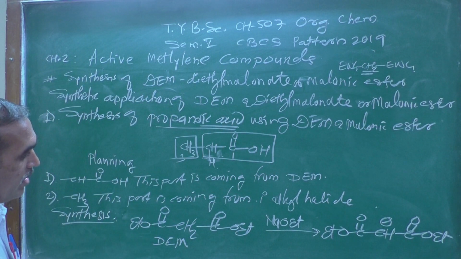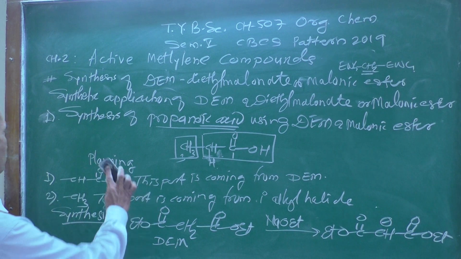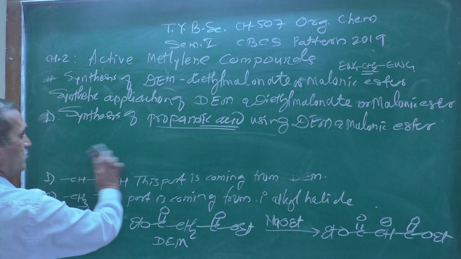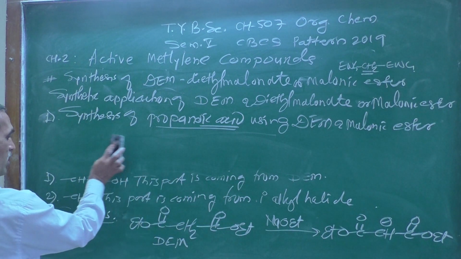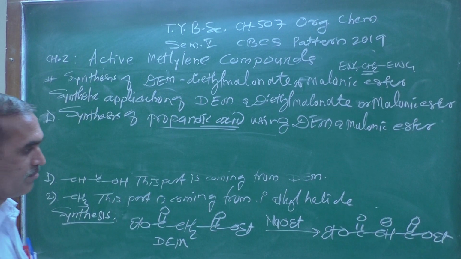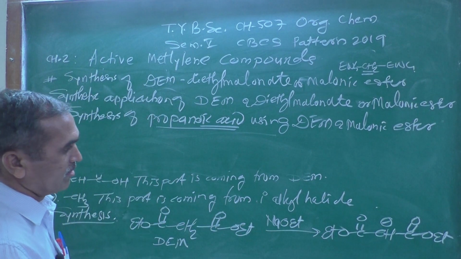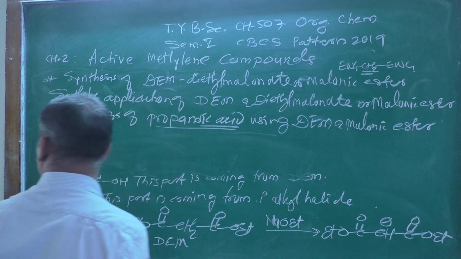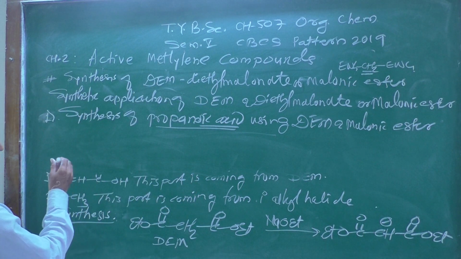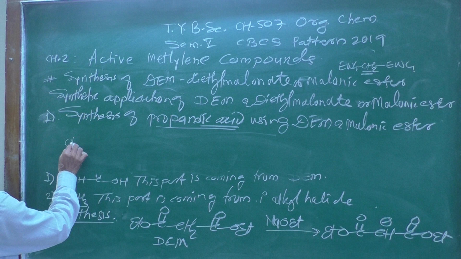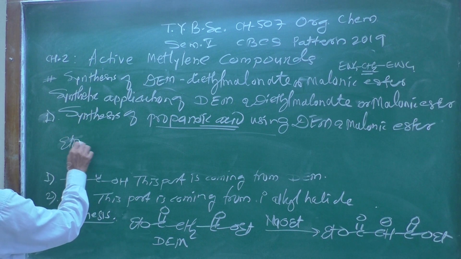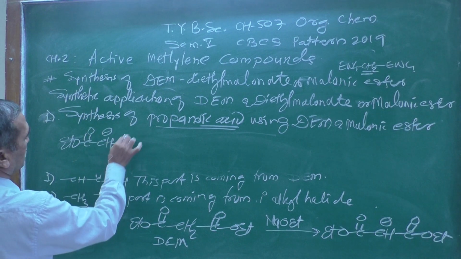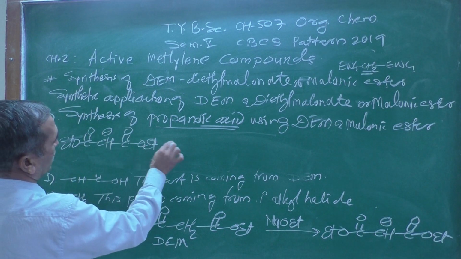Finally, what do you get over here? I am clearing this board so that you can see the later part clearly. See this, the negative charge present on the carbon atom, that species is known as a carbanion. EtO, then C double bond O, CH minus, C double bond O, OEt.